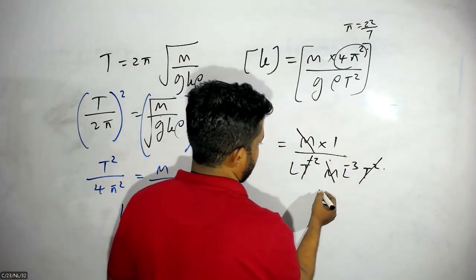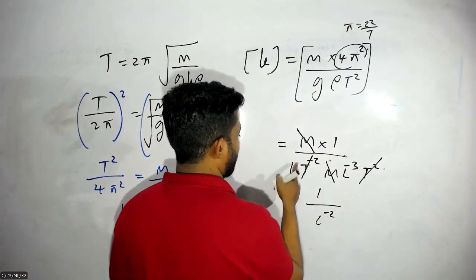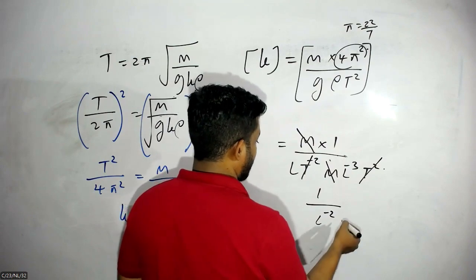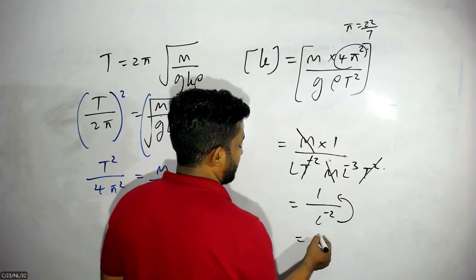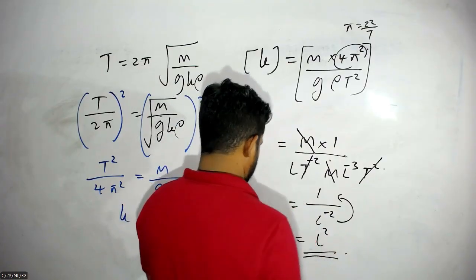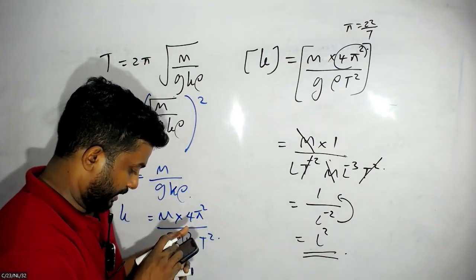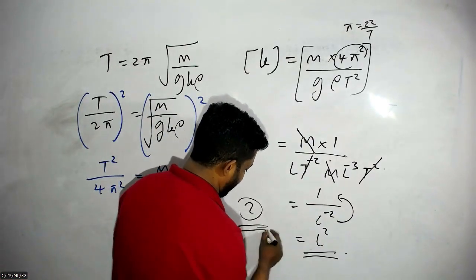Then the answer is 1 over L to the power minus 2 plus 1 minus 3. Then L to the power minus 2. Then you can bring this term from denominator to numerator. Then the answer is L to the power 2. Answer is L to the power 2. Given choices, second choice. Answer is the second one.